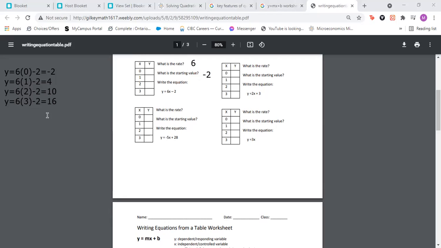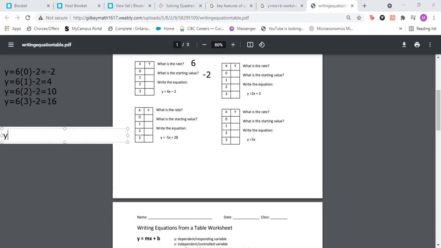And then for the next one, how would you get the y's for the next one? Okay, let's see. Start off with 0 would be 28.